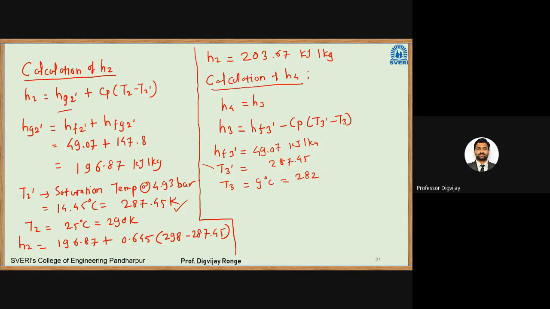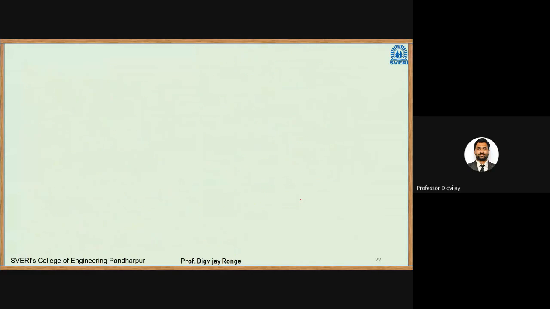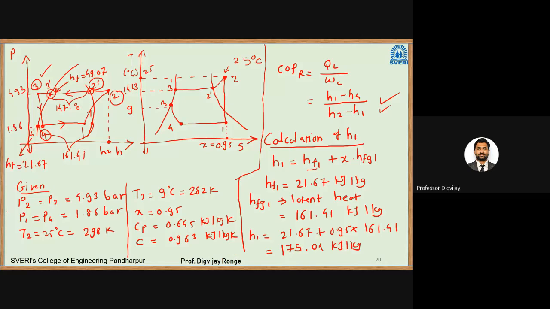T3 is given as 9 degrees Celsius, so we have calculated it as 282 Kelvin. आता तुम्हाला काय करायचं आहे, we have to calculate H3. I will just put these values in this equation. So that will be 49.07 minus, आता Cp किती घेणार ह्या केसमध्ये, बघा की this is a subcooled liquid, so we have to take the Cp value for liquid.